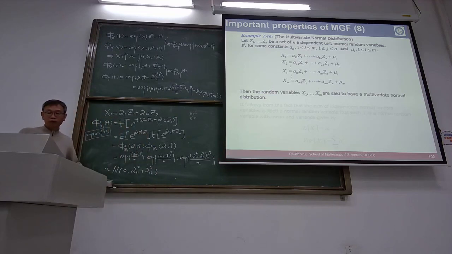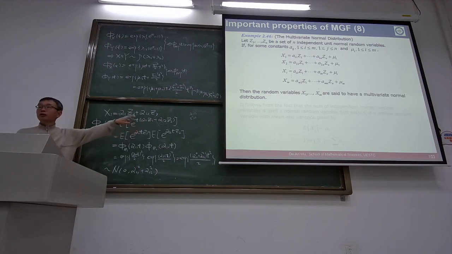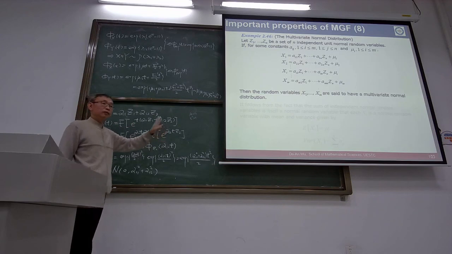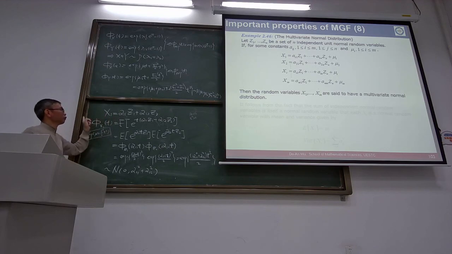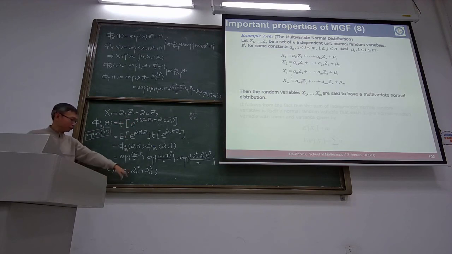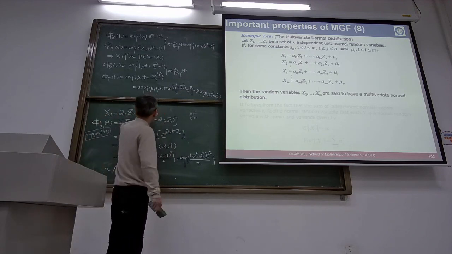That is to say, if z1 and z2 are standard normal distributions, then the linear combination of them also follows normal distribution with new parameters 0 and alpha 1 1 square plus alpha 1 2 square. Okay, we can generalize this result.